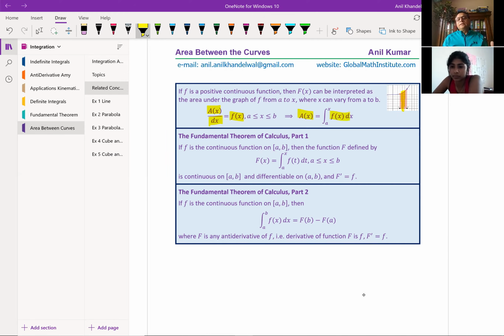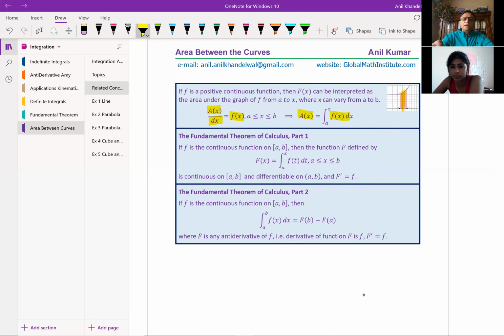So area is a definite integral of the function within two limits, upper and lower bound. The condition is that the function should be continuous in this area, and we are also assuming that the function is positive.